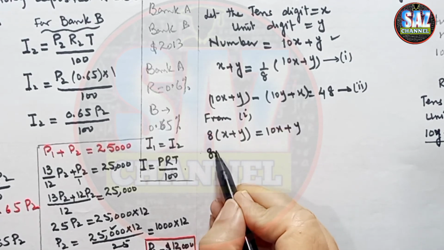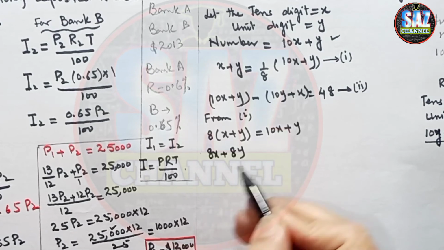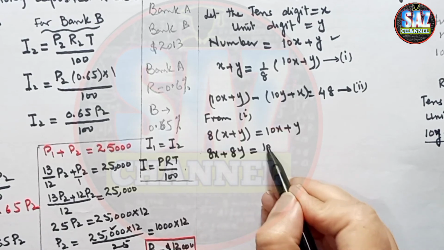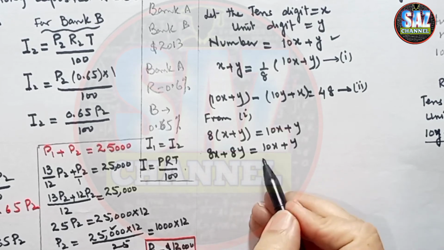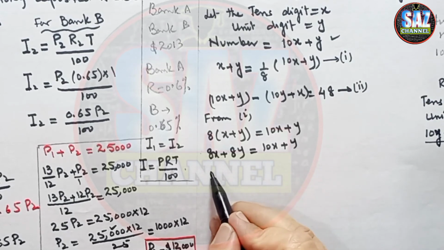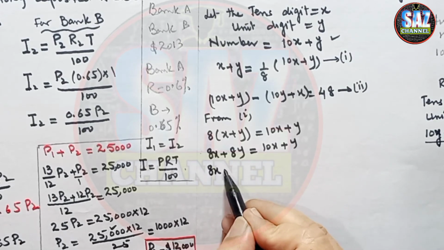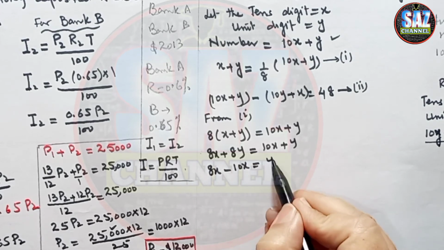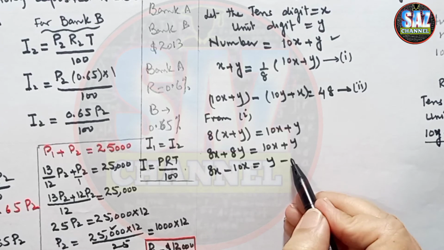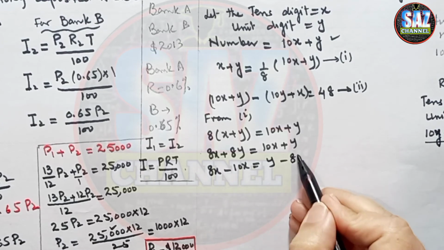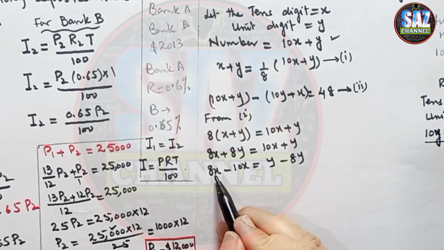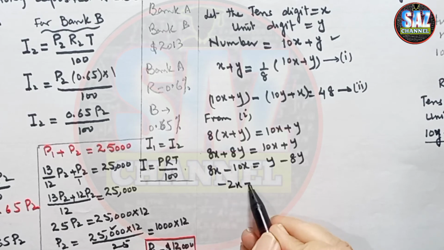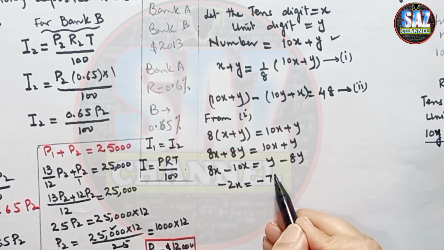Now 8x plus 8y equals 10x plus y. Shift 10x to this side. 8x minus 10x equals y minus 8y, and this is minus 2x equals minus 7y.